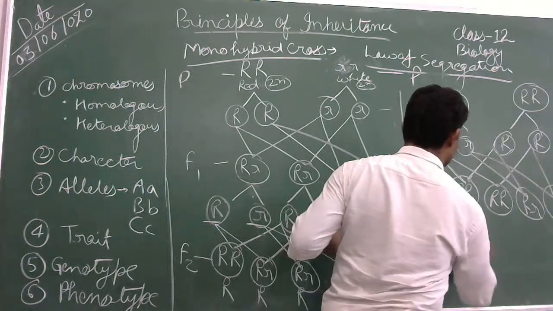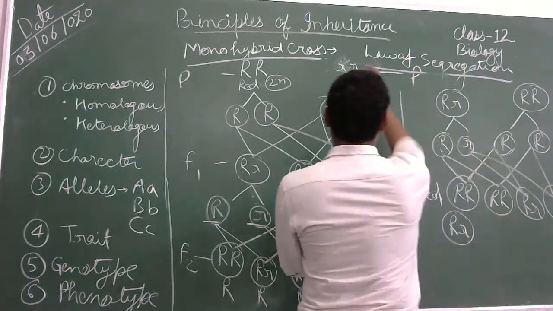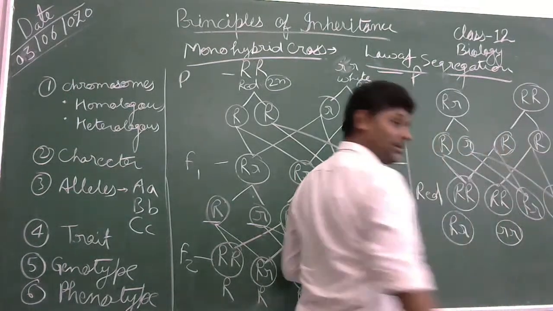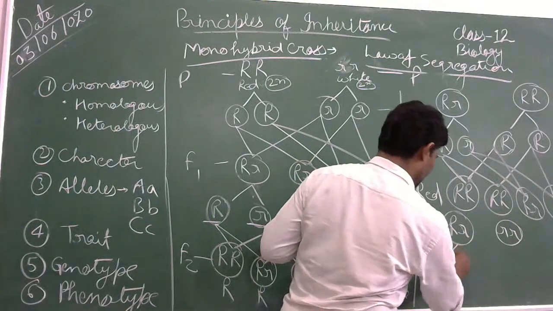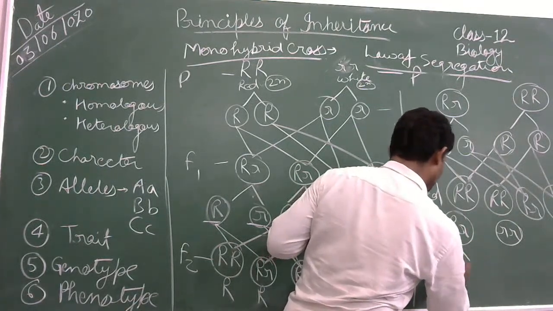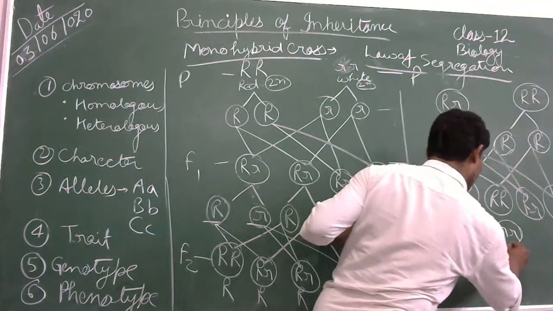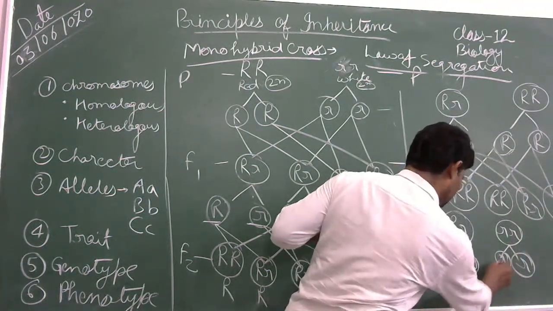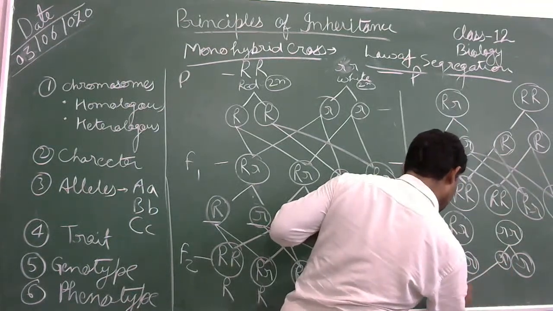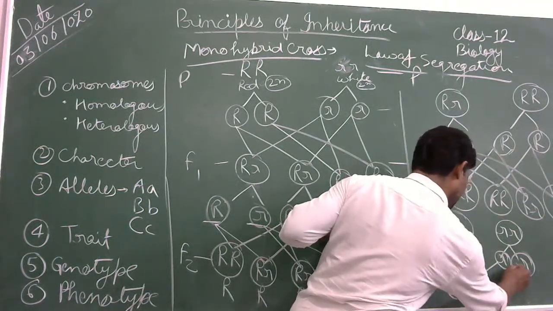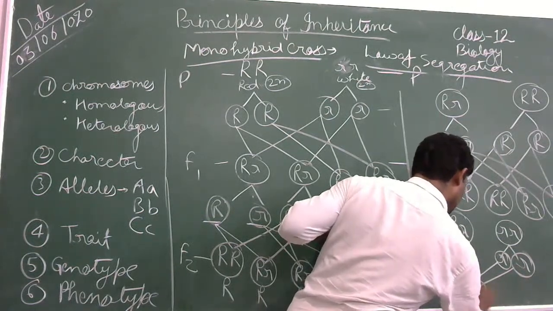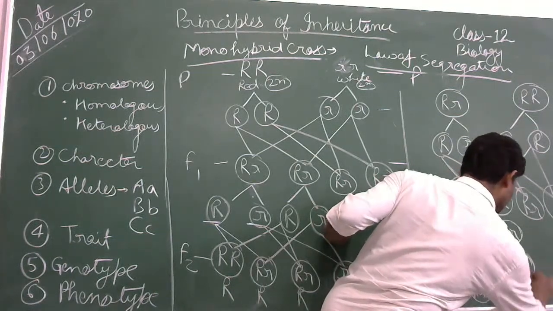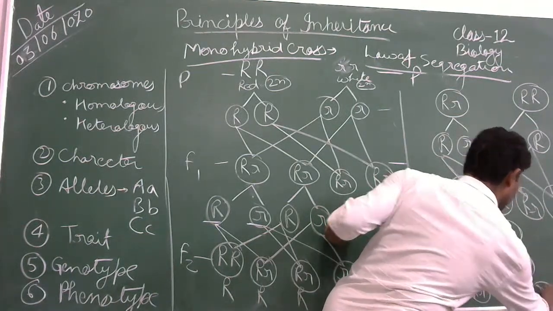This is the F1 generation and the recessive parent. Now, this one is small r, small r. Next, capital R, small r, capital R, small r, small r, small r, small r, small r.